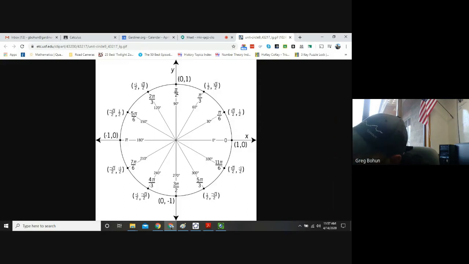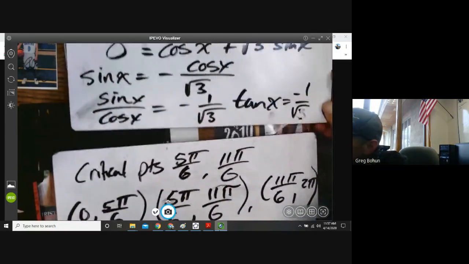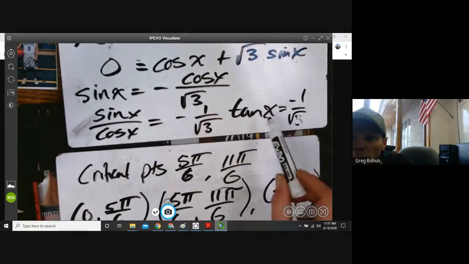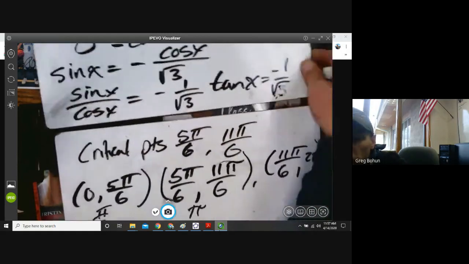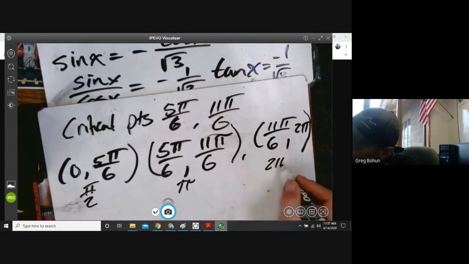but what we can deal with here is we know, based on what we've found when we found the critical points, that this is not going to make the derivative 0, and so I can pick 2 pi.